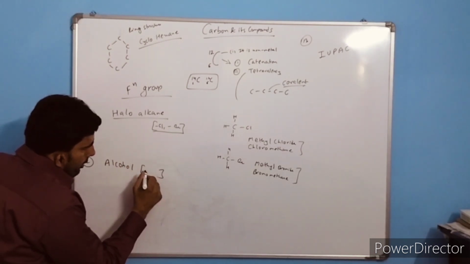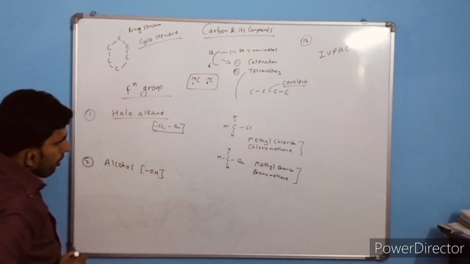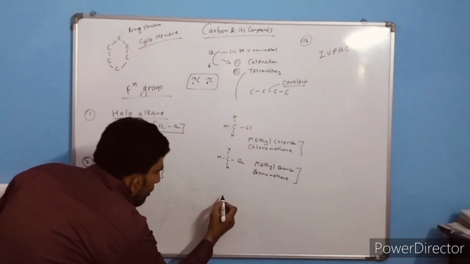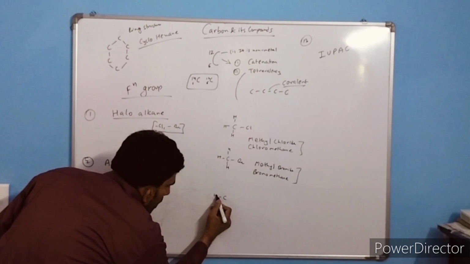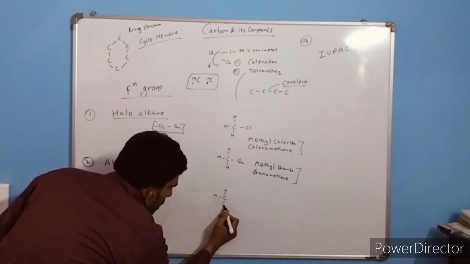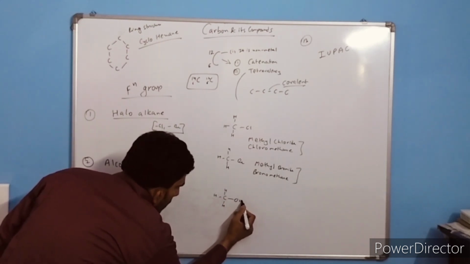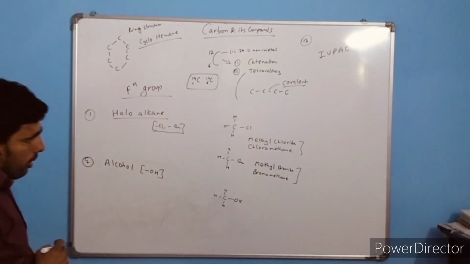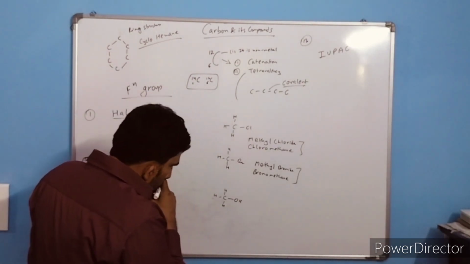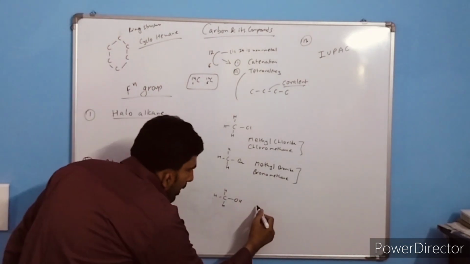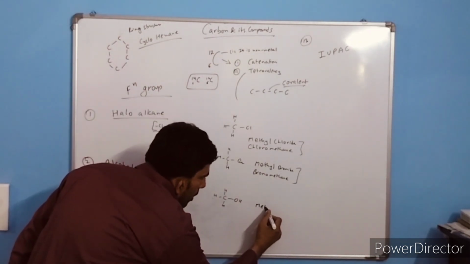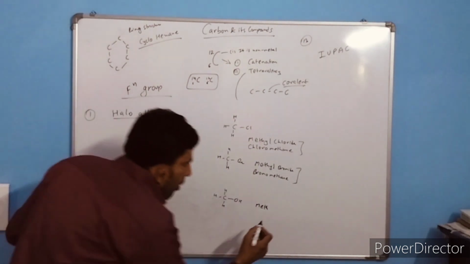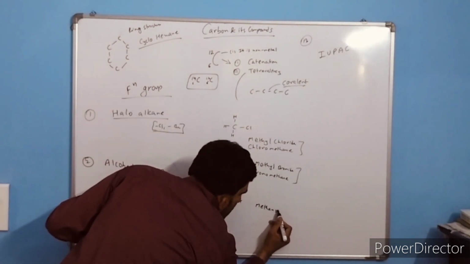Its functional group is OH. Now its naming is changed. With one carbon, when alcohol is there, I will write methanol.